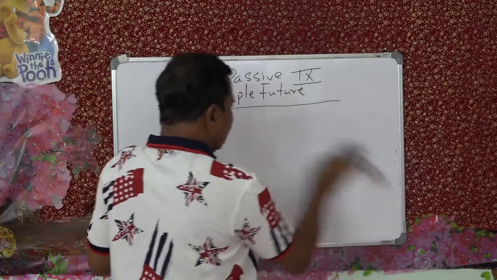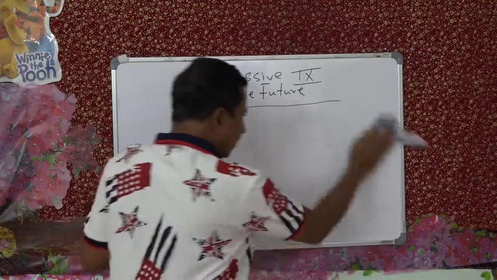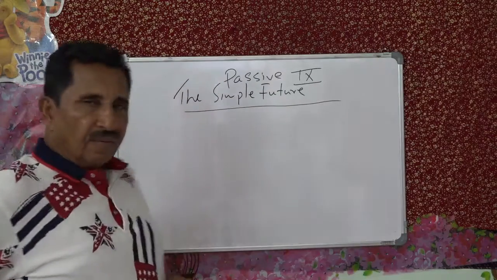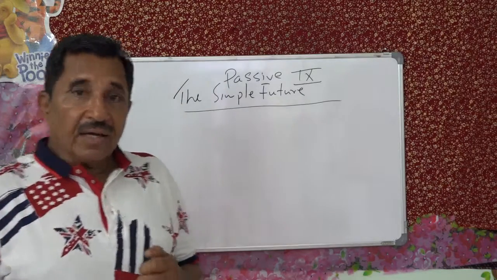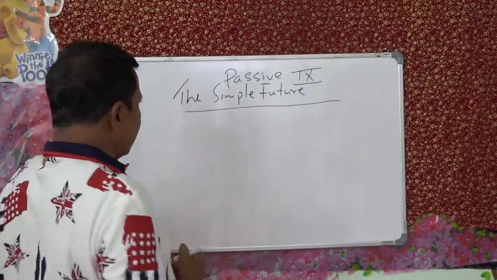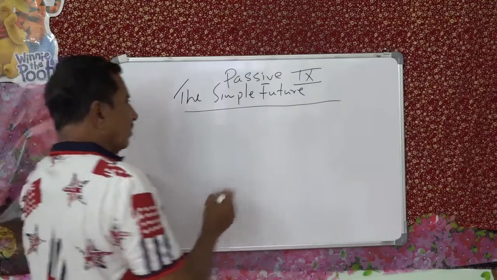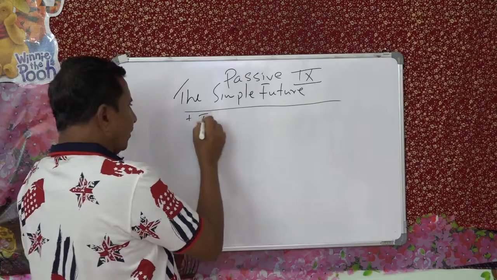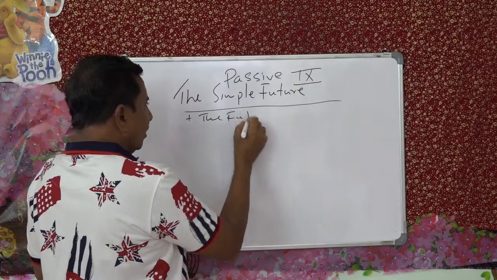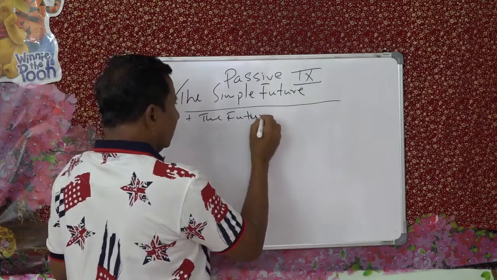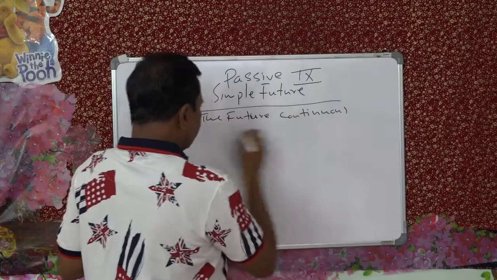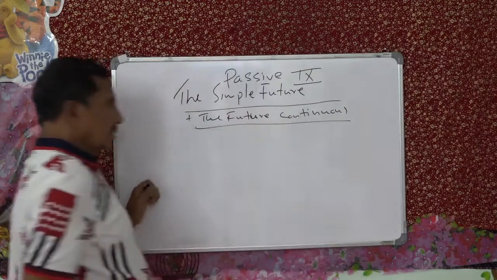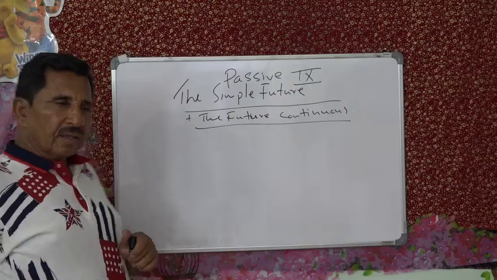Okay. Since this is a simple one, we will also take the next one, that is future continuous. So passive, simple future, and we will add one more here, the future continuous. So what is the future continuous? You know. Let's have the example.